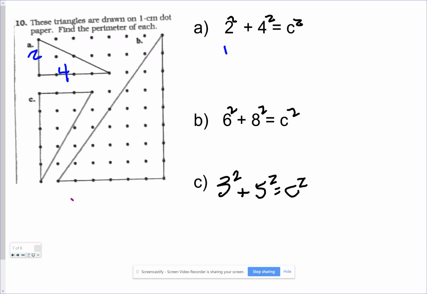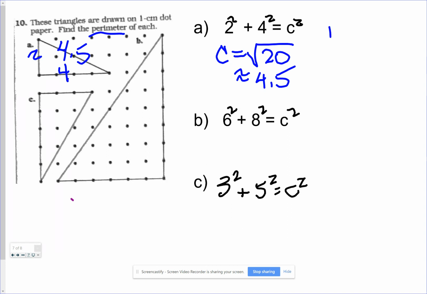So C squared is 20, which means C should be the square root of 20, which is approximately 4.5, okay? Now, we're not done, because on each one of these, they want you to find the perimeter. So once you have this labeled that that's 4.5, then go ahead, add them up to get the perimeter, and you should get 10.5 centimeters.